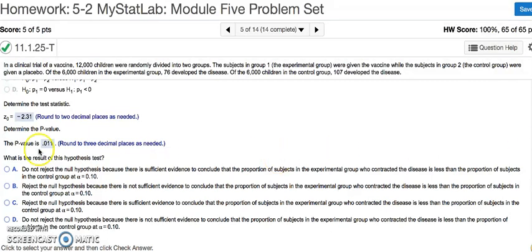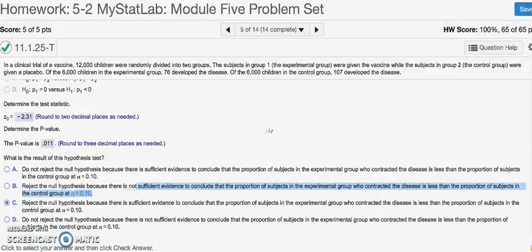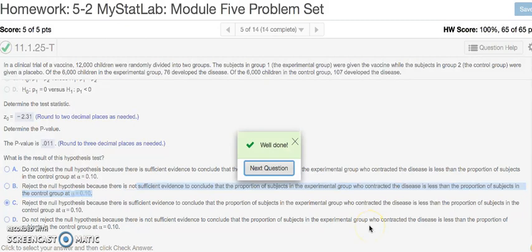So we go down to find reject the null hypothesis, and that means that there's sufficient evidence to support our alternative. You can see here in part B, it says not sufficient evidence to support our alternative hypothesis. So we know the answer is C. Check answer. Well done.